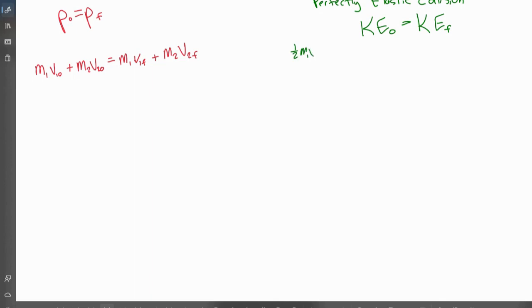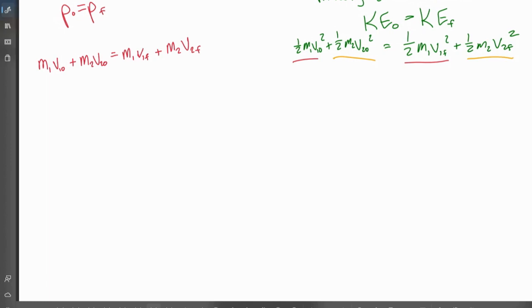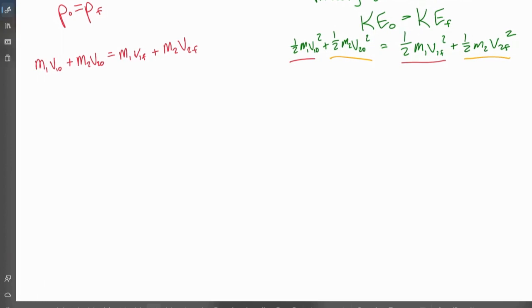1/2 m1 v1 naught squared plus 1/2 m2 v2 naught squared equals 1/2 m1 v1 final squared plus 1/2 m2 v2 final squared. All right, kinetic energy of object 1 initial, kinetic energy of object 1 final, kinetic energy of object 2 initial, kinetic energy of object 2 final, because energy is just a scalar quantity.